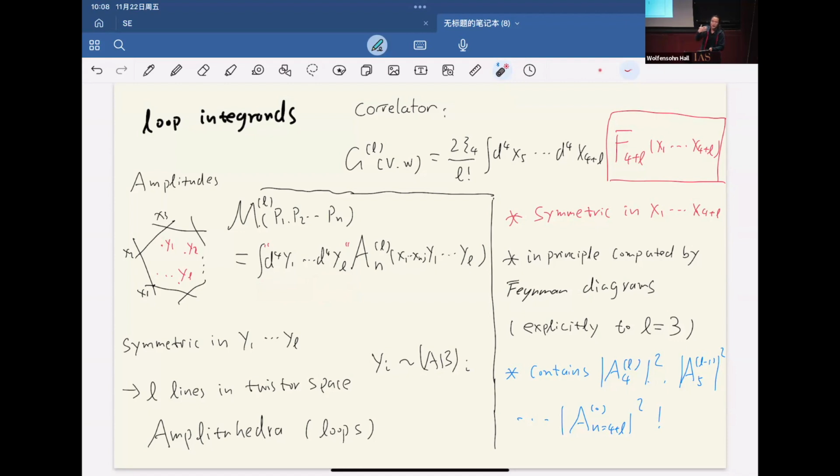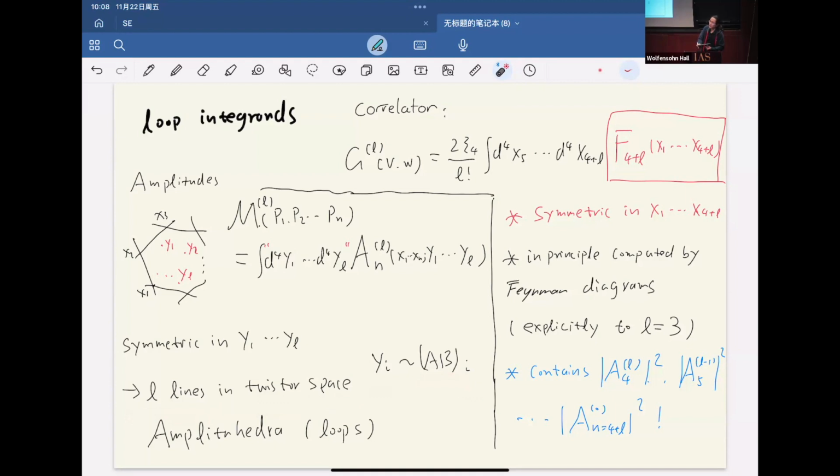And that's how you also start the loop amplituhedron, by introducing just L arbitrary lines in twistor space. Unlike the external objects given by intersecting lines in twistor space, the dependence on loops is given just by L arbitrary bitwistors, L lines, usually called AB in this space.